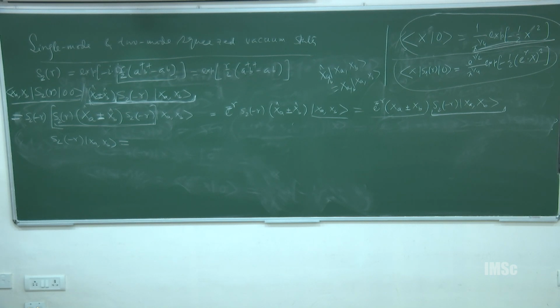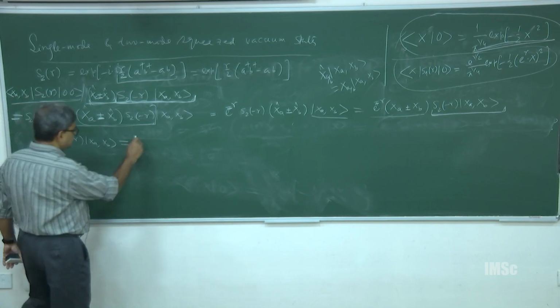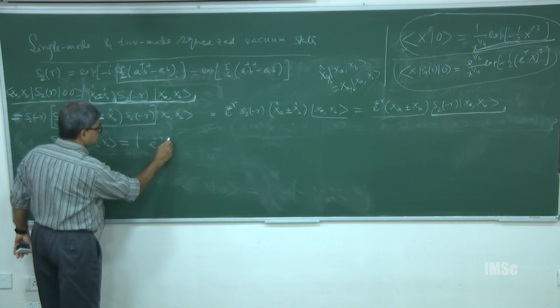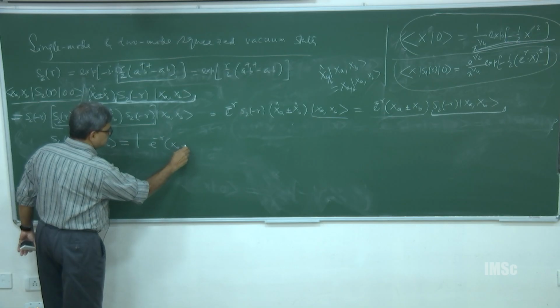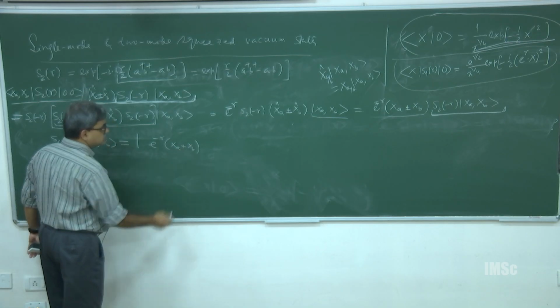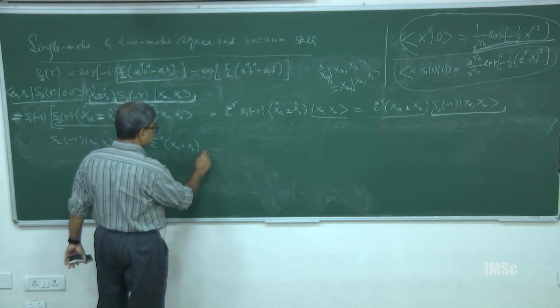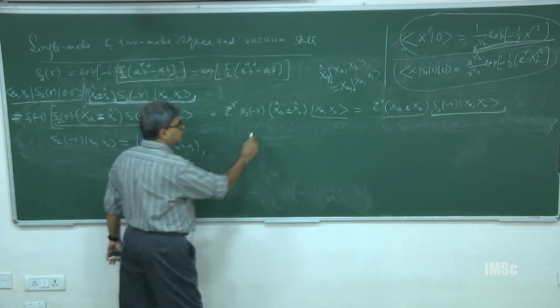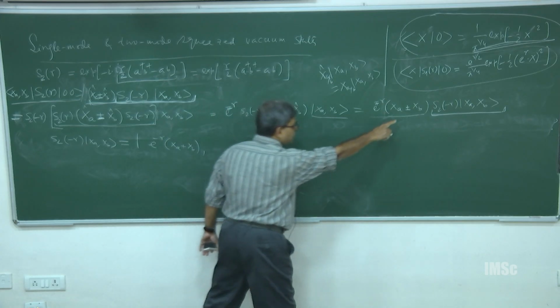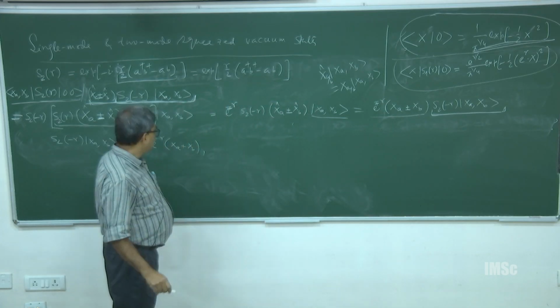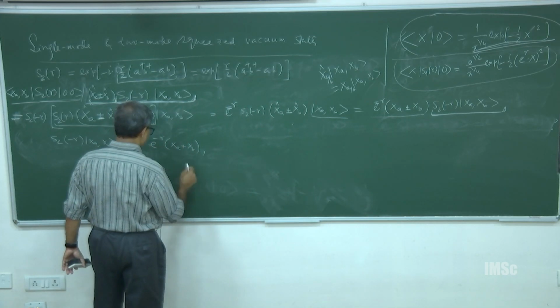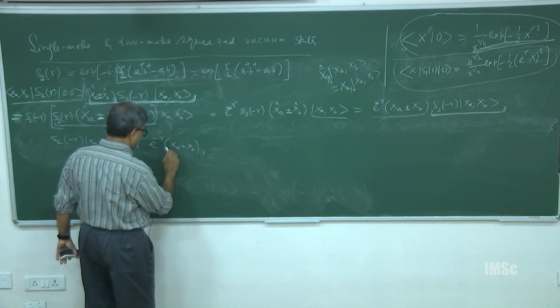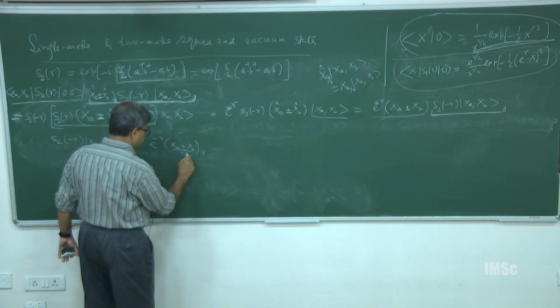XA plus XB e to the minus r, plus e to the power plus r, XA minus XB.